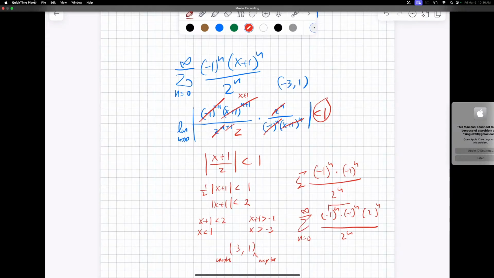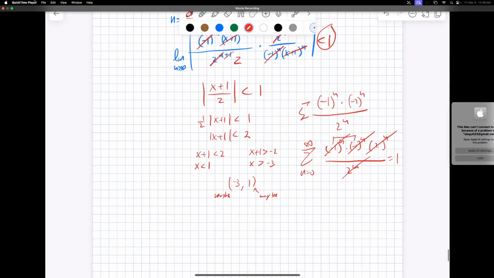So this one is going to be always positive. This can cancel out completely, and 2^n over 2^n is equal to 1. Thank you, I forgot to put a (-1)^n in. So it'll be the summation from n equals 0 to infinity of 1.